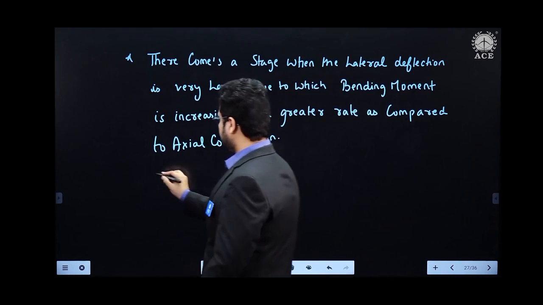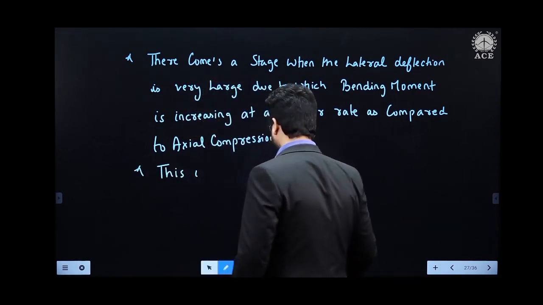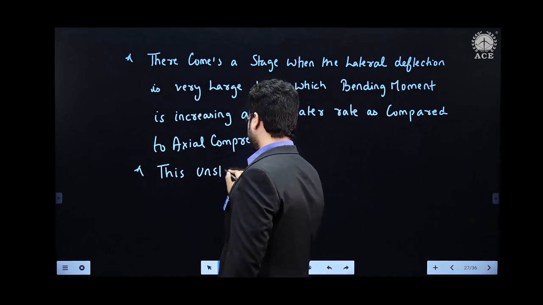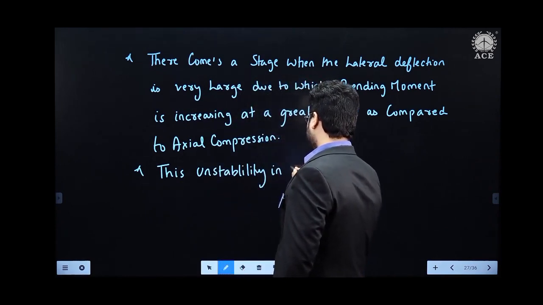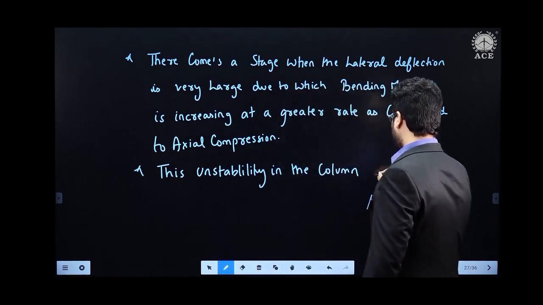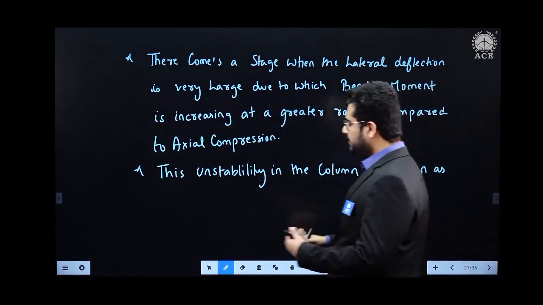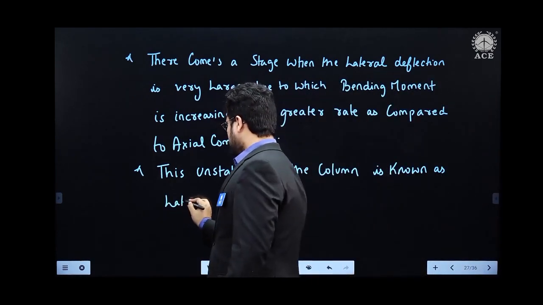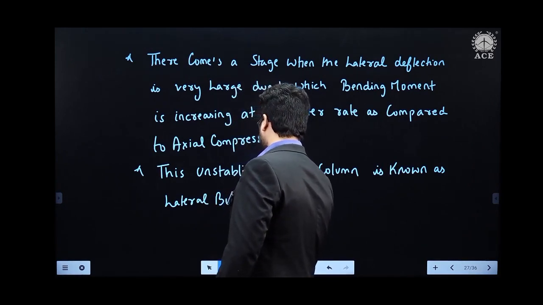This instability in the column is known as lateral buckling. Understood?